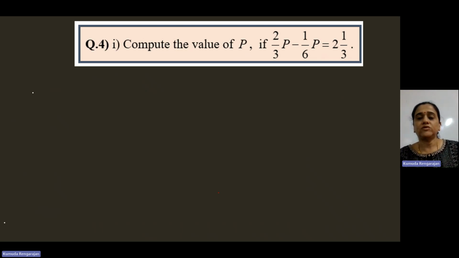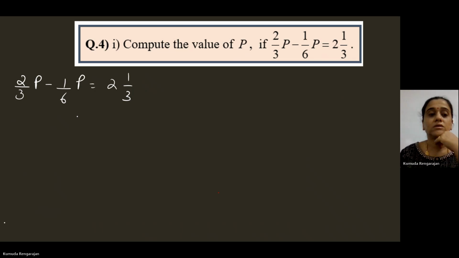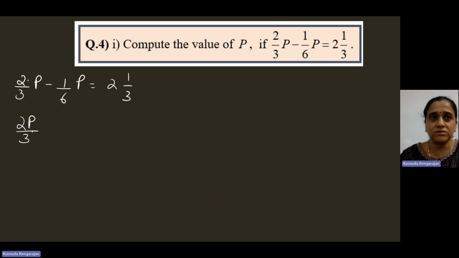So compute the value of P if 2 by 3 P minus 1 by 6 P is equal to 2 1 by 3. Okay. So now 2 by 3 P, you can also write it as 2P by 3. This P should be multiplied to the number in the numerator.